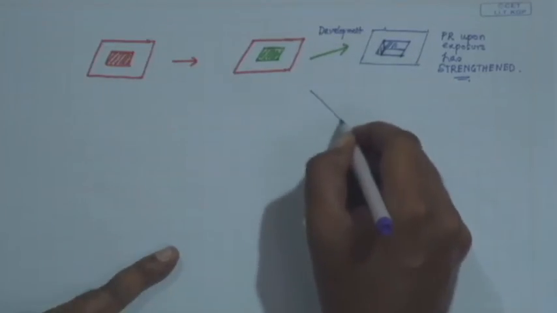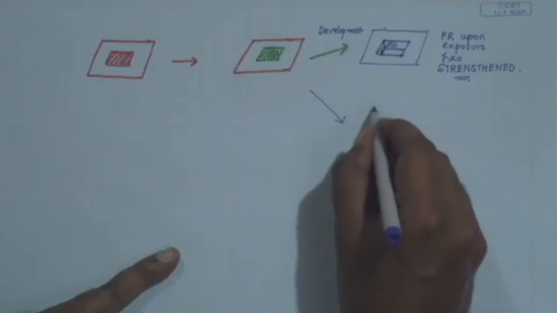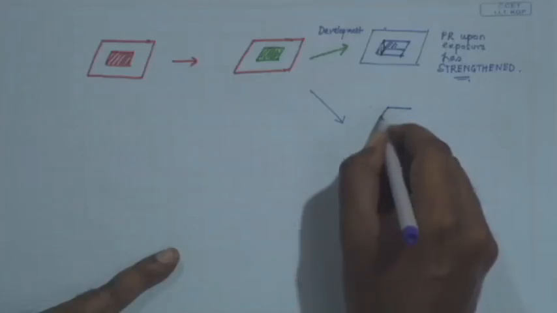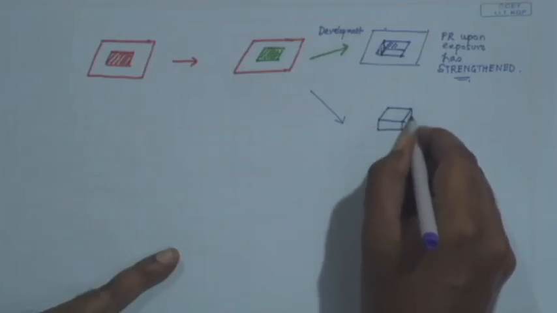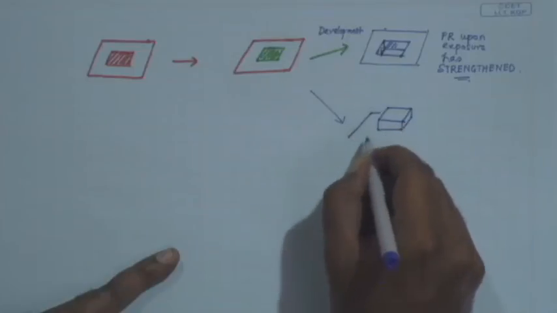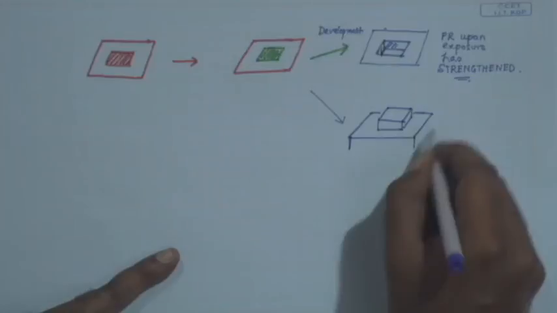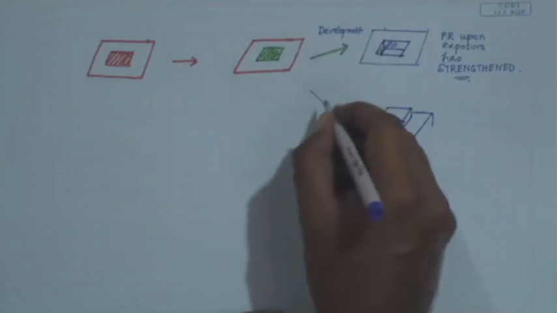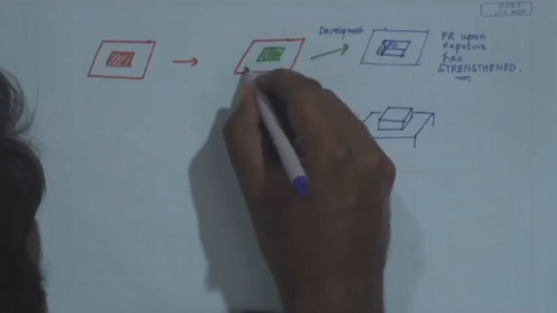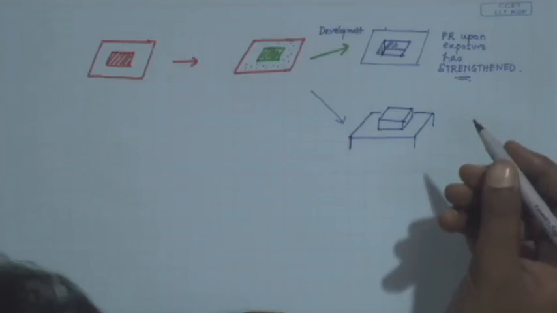What could have been the opposite scenario? Had the photoresist weakened upon exposure, in that case the structure that you would have got would have been like this. Why? Because upon exposure, these areas would have become weaker, and that is why they would have been washed away by the developer.